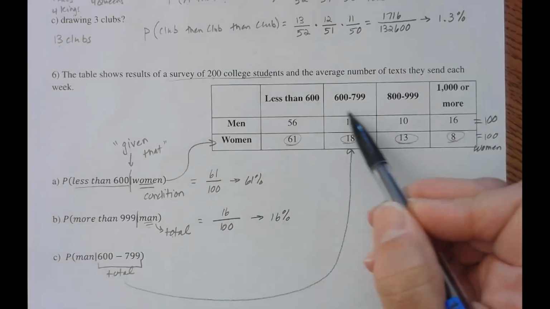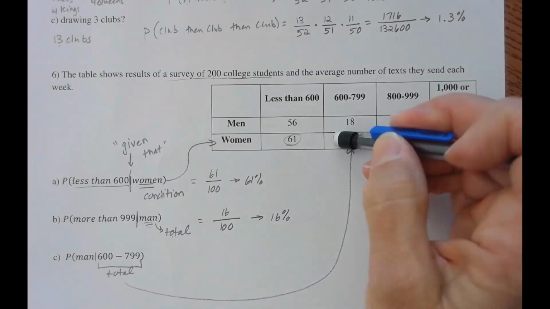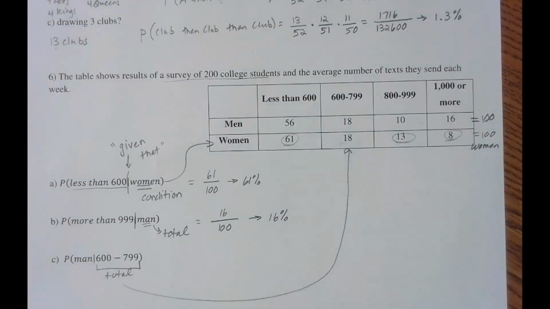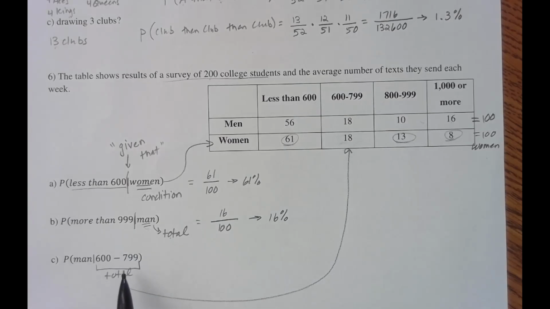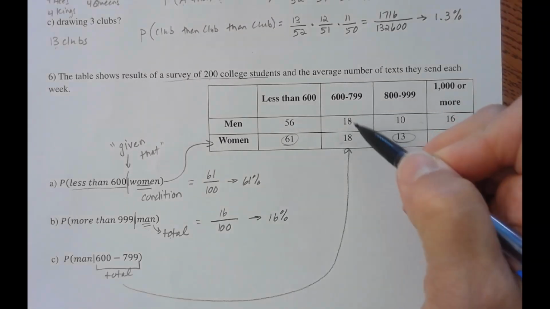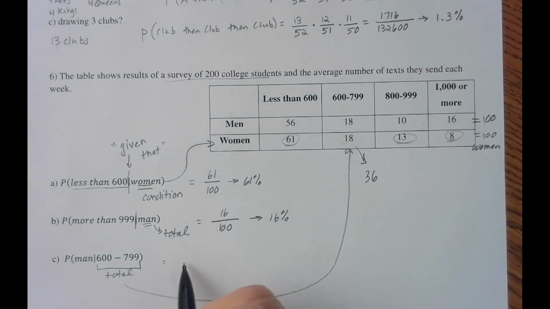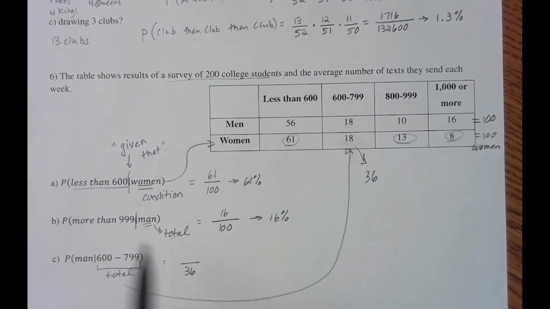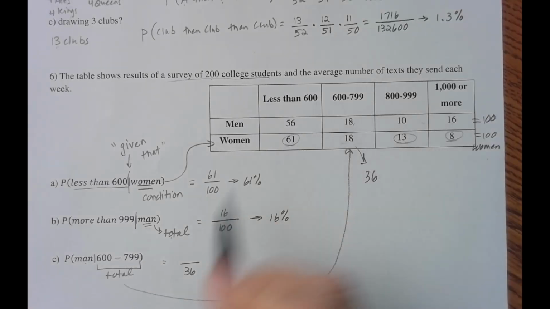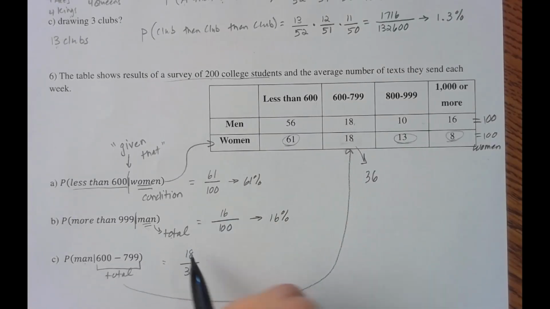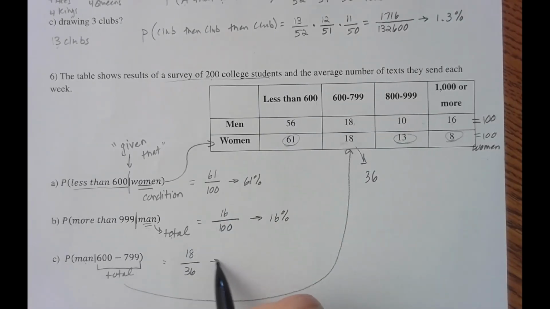That's this column here. The total number of 600 to 799 texters is 18 and 18, 36. And the men in that group are 18. Change this to a percent and you get 50%.